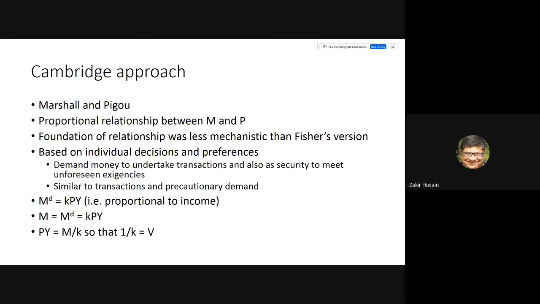So it is similar to the transactions and precautionary demand for Keynes. How is this different from Keynes? There's no speculative demand. You only have the KPY, not the LR.